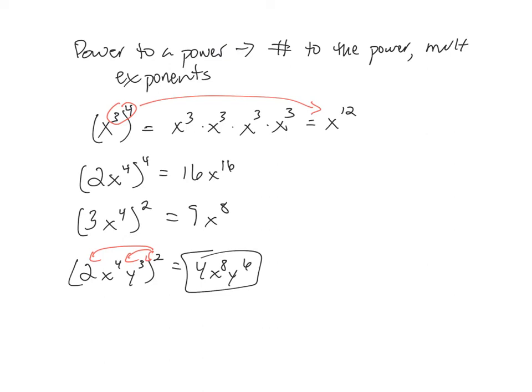All right, and then this is kind of a combination. The last few problems, maybe not that many, are a combination of things. So if we had 2 over x to the third power, and then a 3 on the outside like that, just do what you need.